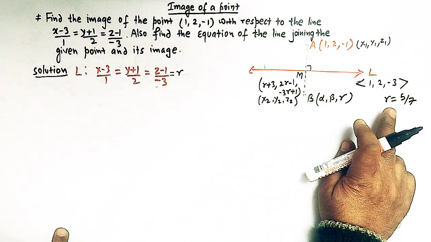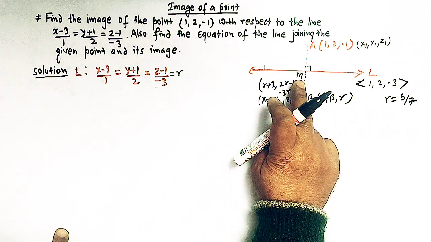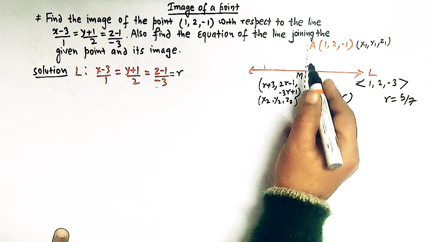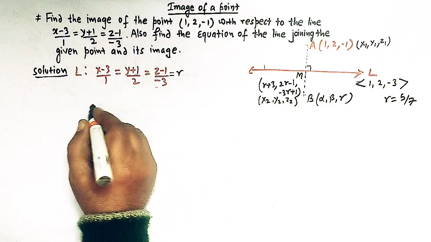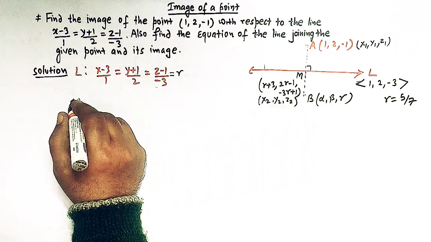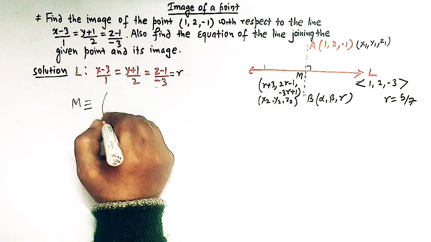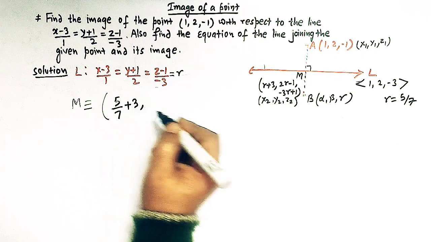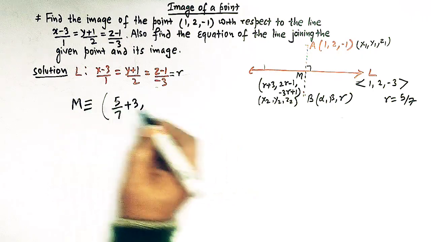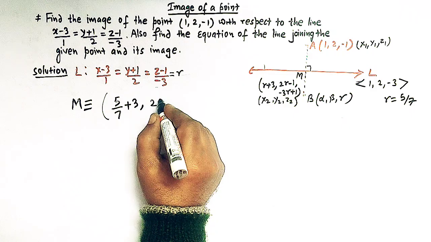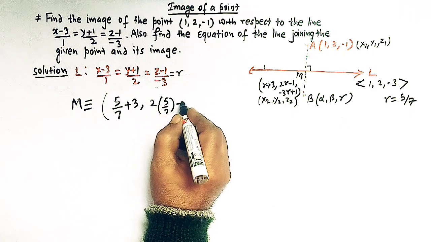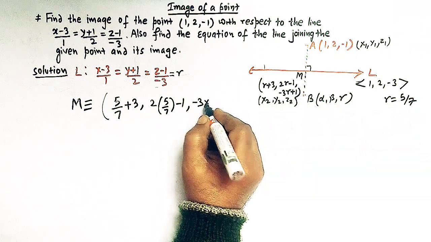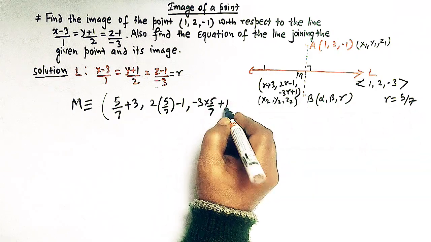So now using this value of r, we can easily find out the coordinates of this point M, which is the foot of the perpendicular, right? So we have the coordinates of M as r plus 3, so r is 5 over 7 plus 3, and then we have 2r minus 1, so 2 times 5 over 7 minus 1, and then we have minus 3r plus 1, so this is minus 3 times 5 over 7 plus 1.